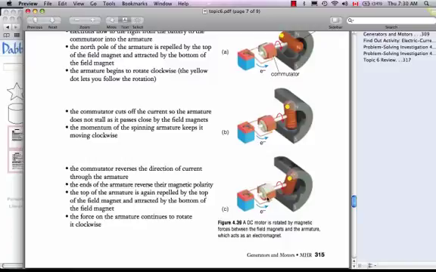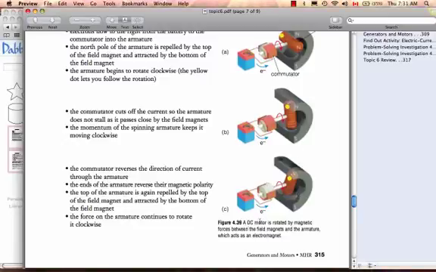Once it spins, it switches and this becomes north in the armature. And once it becomes north, and this used to be south where the yellow dot is, but now it's north, and this used to be north and now it's south, it's pushed and pulled again. So it keeps rotating in one direction. In this case, keeps going clockwise around and around and around.